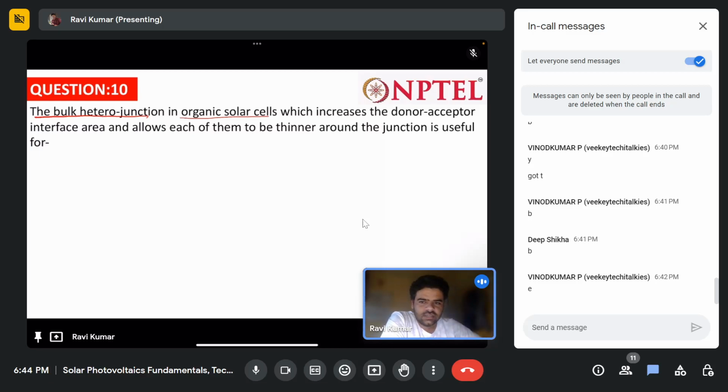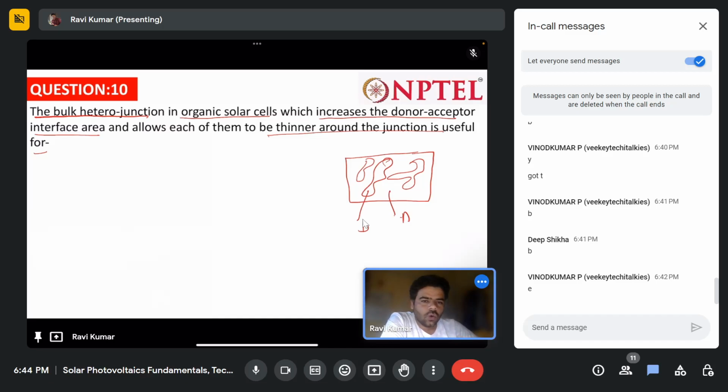Bulk heterojunction in organic solar cells, which increases the donor acceptor interface area and allows each of them to be thinner around the junction, is useful for. So it is talking about this thing. Some kind of picture like it is donor, it is acceptor.